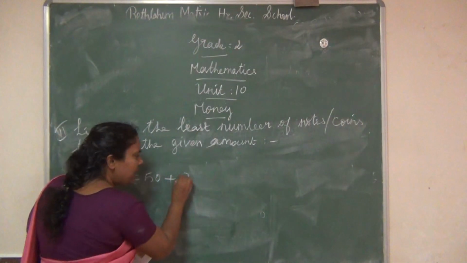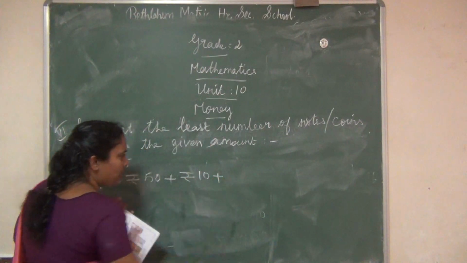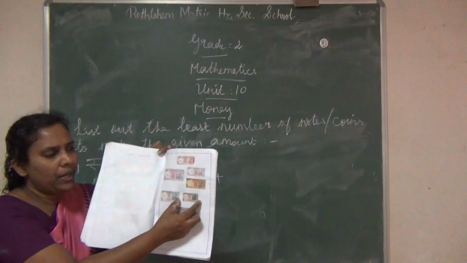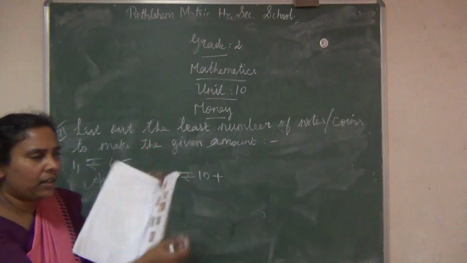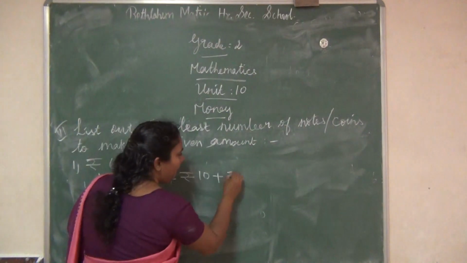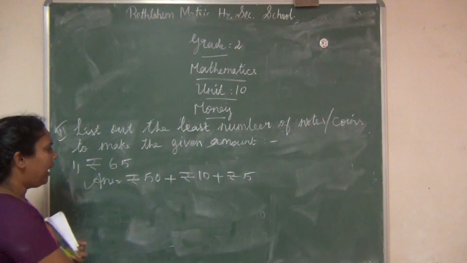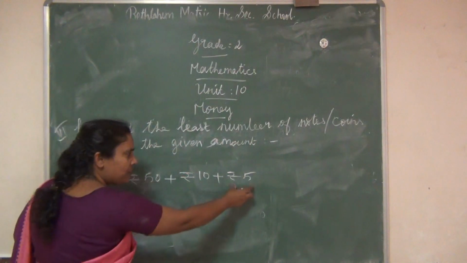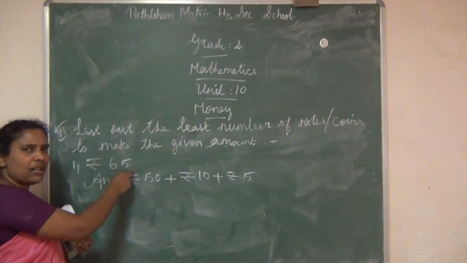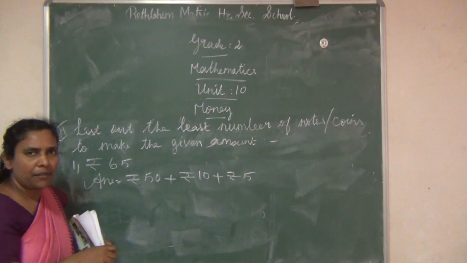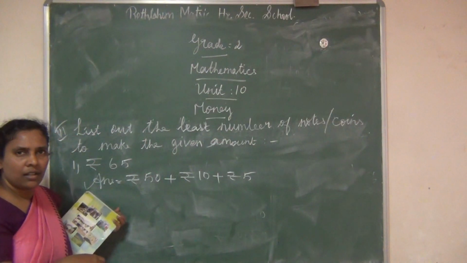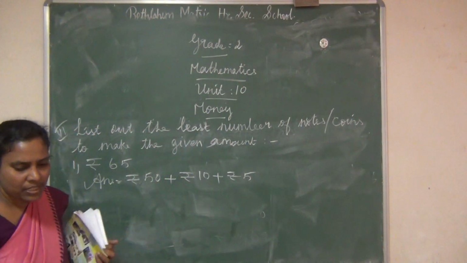So rupees 10 and also plus rupees 5. If we add 50 plus 10 plus 5, we will get the answer 65. Have you understood the first question? Listen to the second one.